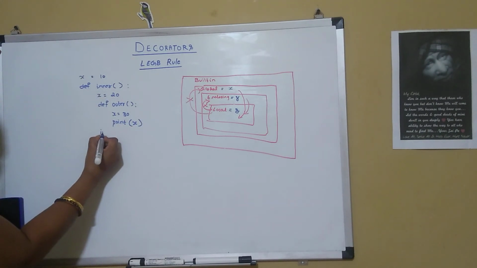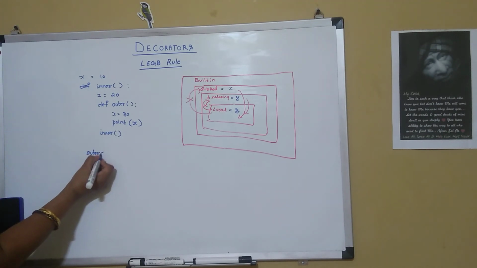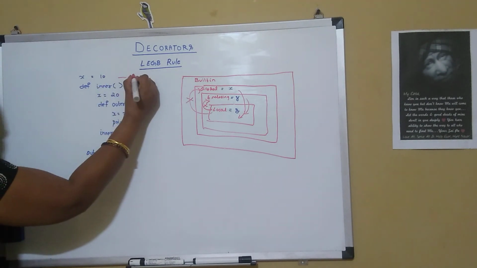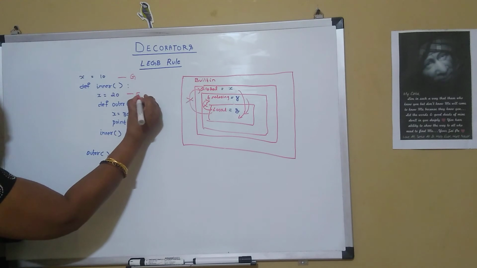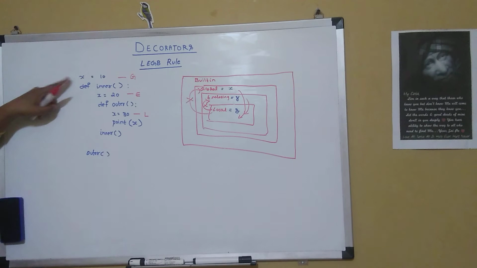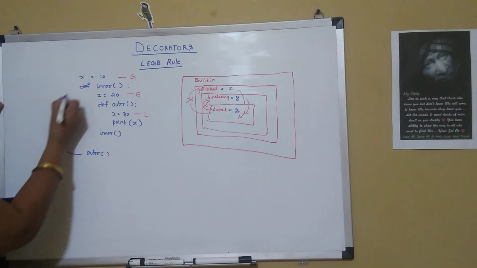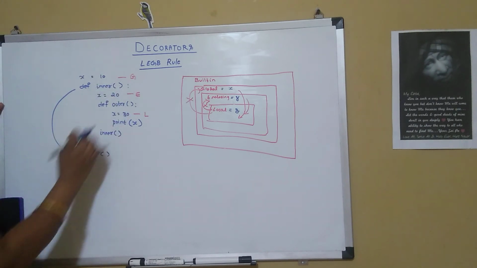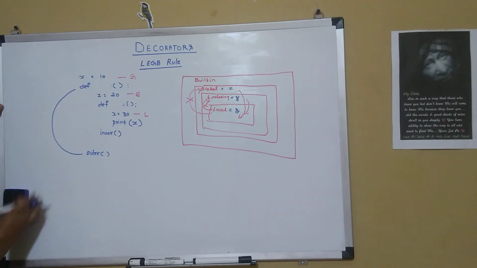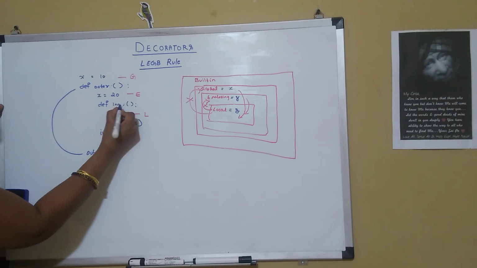Then the inner function gets called and here the outer function gets called. So friends, we already know that this is a global variable, this is an enclosed variable, and this is a local variable. So initially my outer function gets called. So the cursor moves to, initially this should be inner and this should be outer. So this is outer and this is inner.